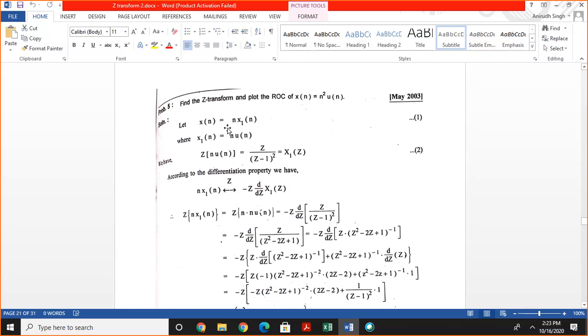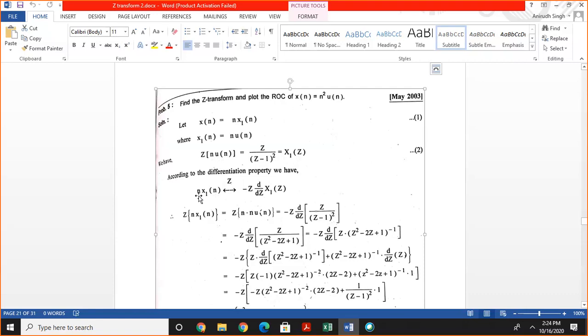This is the ramp signal, and if we put the value of x1(n) in this equation, we get x(n) equal to n squared multiplied by u(n). So first we take the z transform of n u(n). This is a ramp signal, and its z transform is given by z divided by (z minus 1) whole squared, and this is given by X1(z), the z transform of n u(n) or ramp.